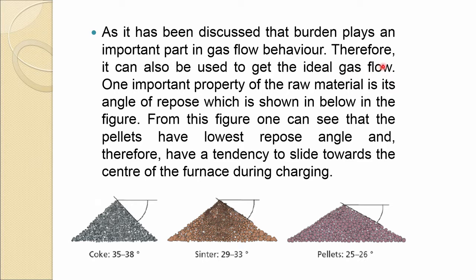So, by proper distribution or control of the burden, you can get the ideal gas flow in the blast furnace, which can be best utilized in terms of heat exchange and mass transfer or reduction potential of the gas. So, one important property of the raw material is its angle of repose, which is shown below.